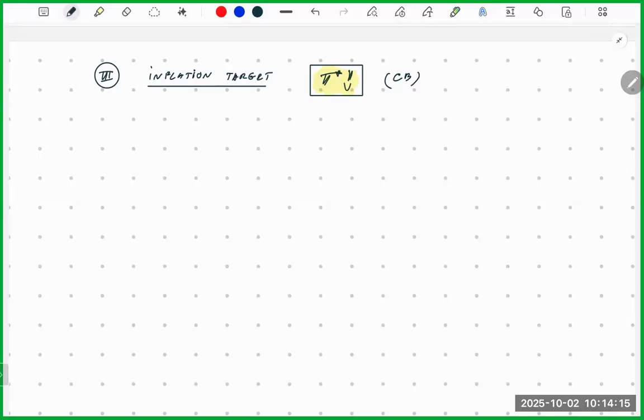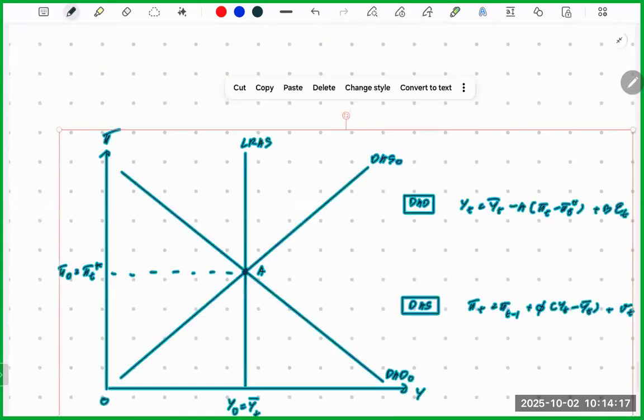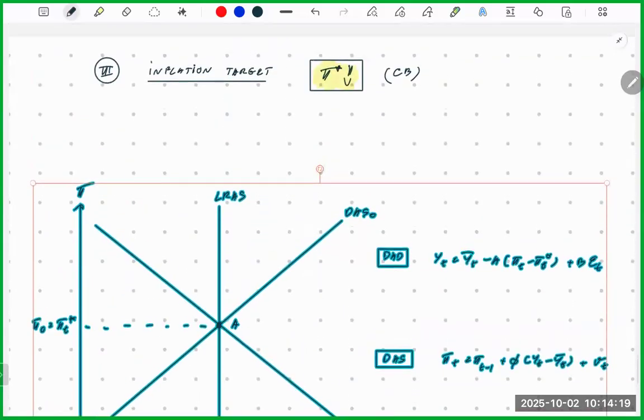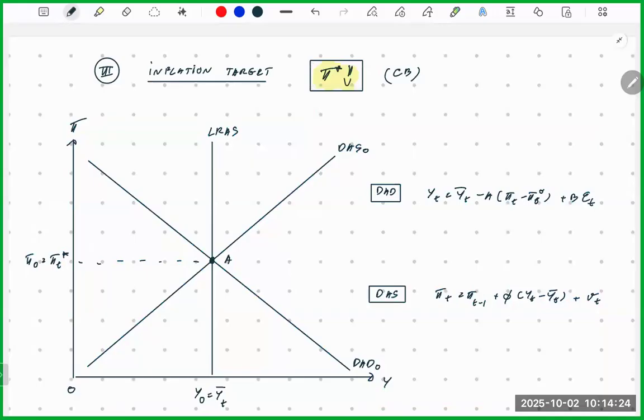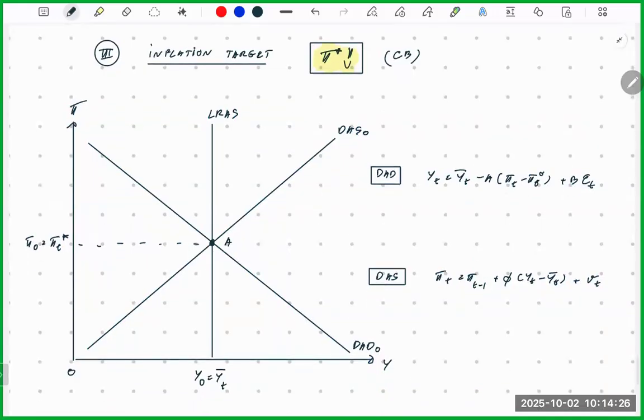This is the job and responsibility of the central bank. Let me give you some numbers to help you understand. For example, the inflation target right now is 4%, and the central bank lowers the inflation target to 2%.